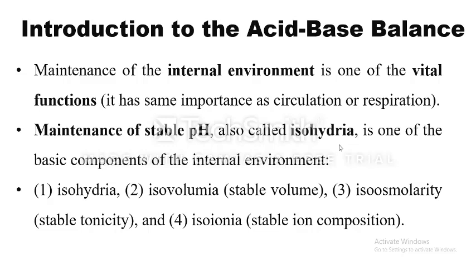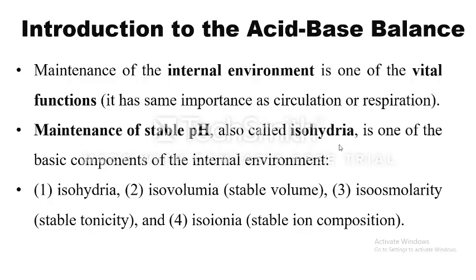It means our body itself controls this maintenance of the internal environment. Maintenance of stable pH means it should be stable in our body. It shouldn't change. It is also called isohydria. So maintenance of stable pH, called isohydria, is one of the basic components of the internal environment.